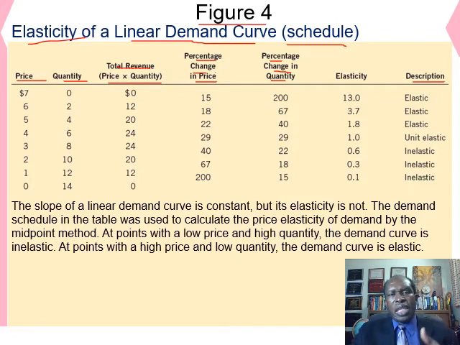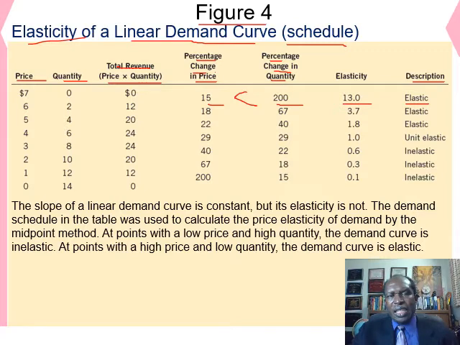For instance, if the percentage change of the quantity is greater than the percentage change of the price, then the demand would be elastic. We can see that the value of the elasticity is 13, which is greater than 1.